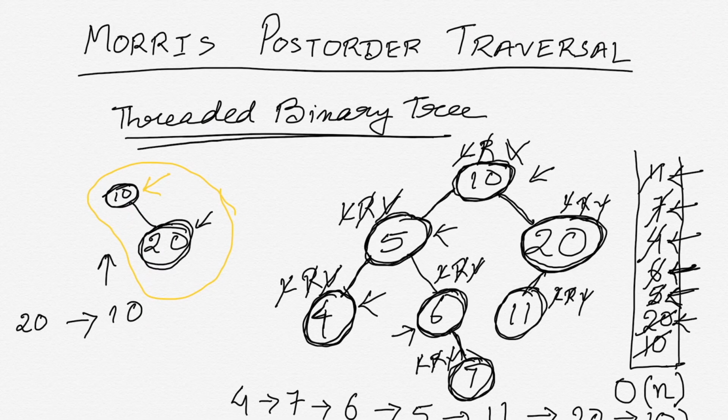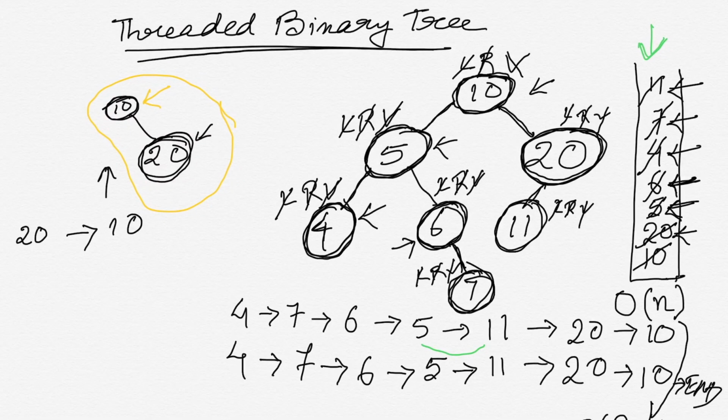So here we are dividing the whole process into two parts. Here we see that we need this stack because we don't know how to go to the successor node from any node, like how to go to say 11 from 5.